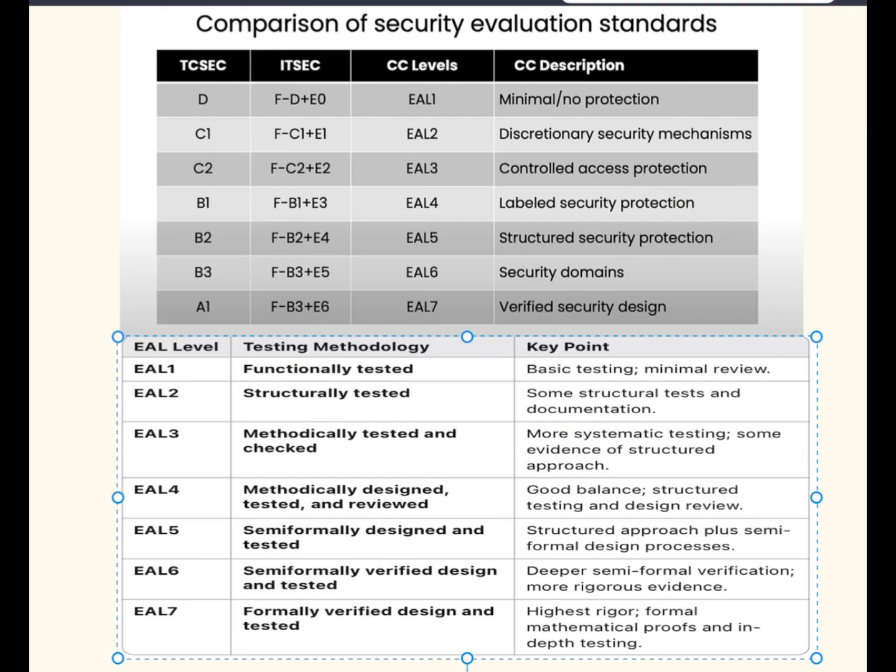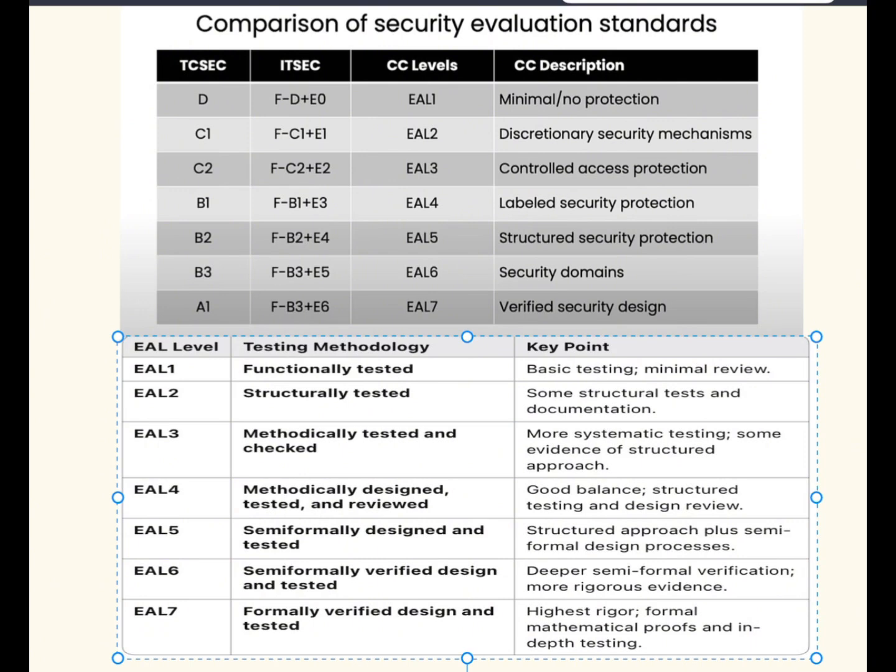We will discuss in a minute about this common criteria, why we call it a modern global standard. And the last column is CC description, so description of protection level at that EAL.